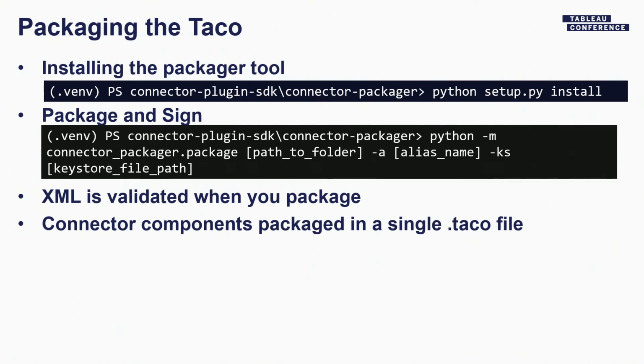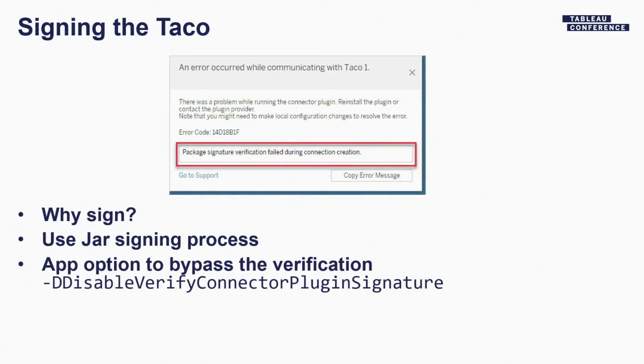Once you package it, you also need to make sure that the connector is signed by a trusted public cert. The reason for that is that Tableau connectors are sensitive parts of the Tableau code. It deals directly with retrieving your data, and it also deals directly with user credentials.